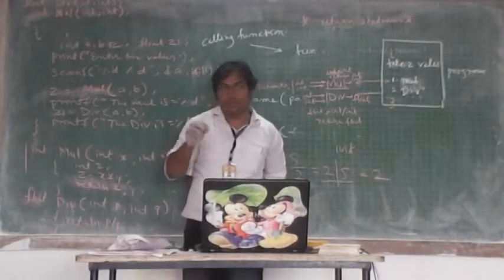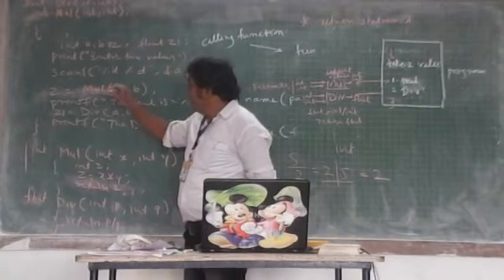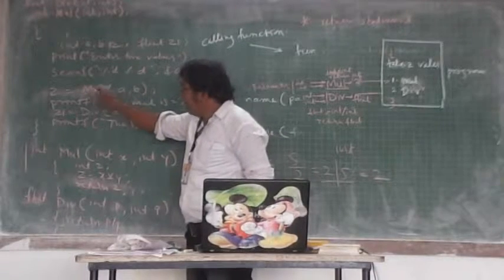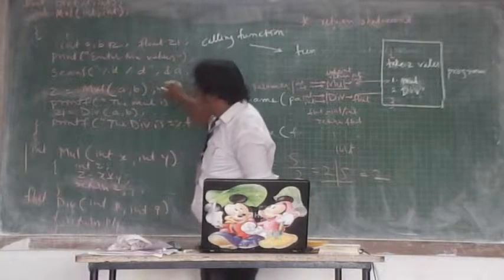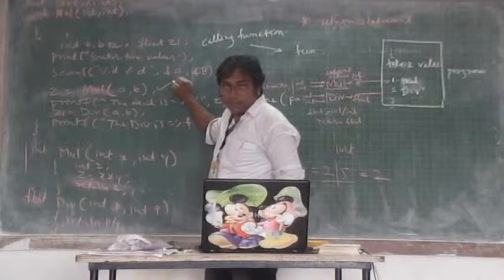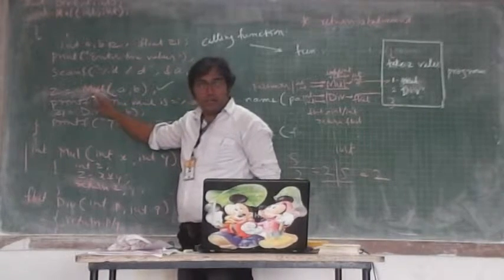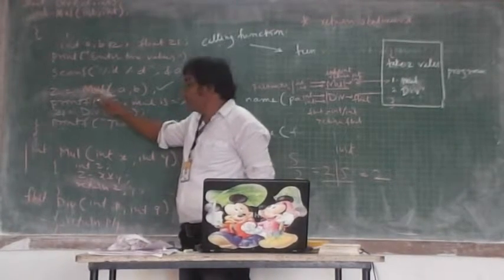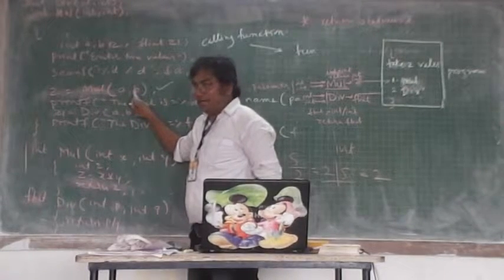Before that, there is a very important point you need to consider. When the compiler calls this function, as I said, it makes sure that the function is declared and that the function is called properly by matching the data type.